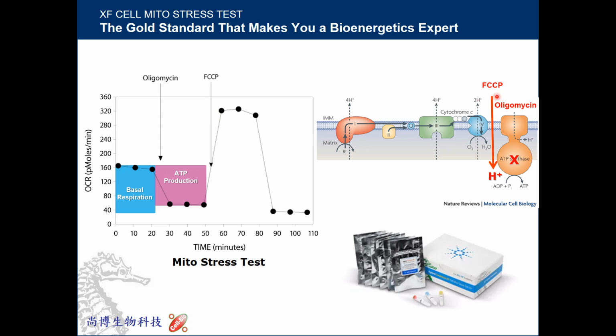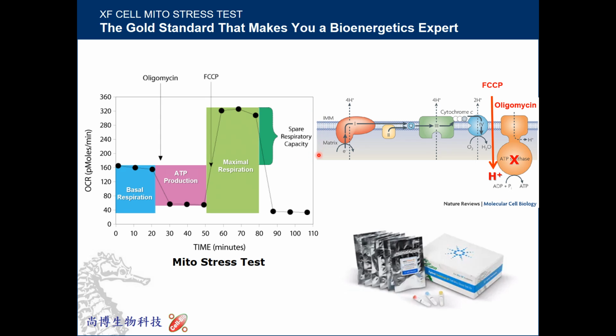If your FCCP concentration is too high, it will penetrate the membrane structure of the mitochondria. The whole mitochondria oxygen consumption rate will collapse. Only the certain FCCP concentration will bring your OCR to the maximal respiration, and this signal should always be higher than basal. We call it SRC, spare respiratory capacity.